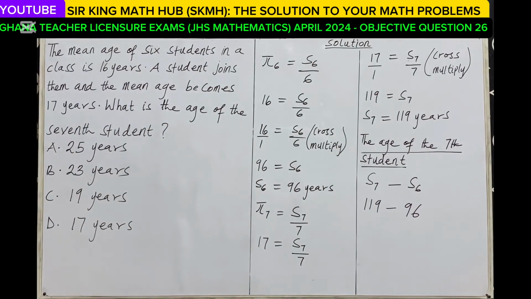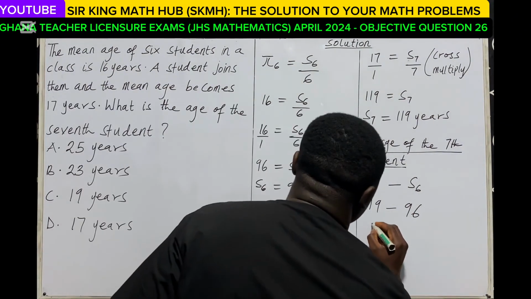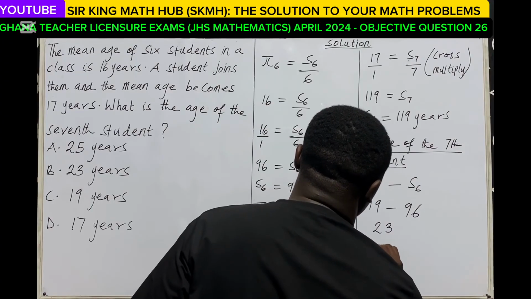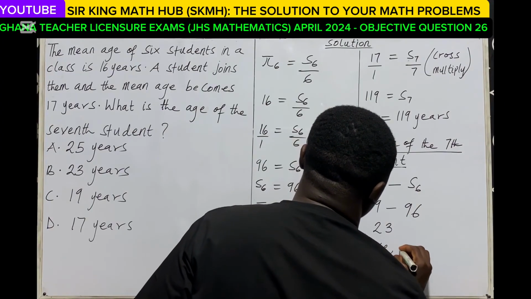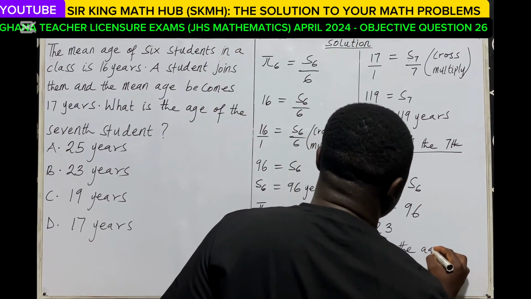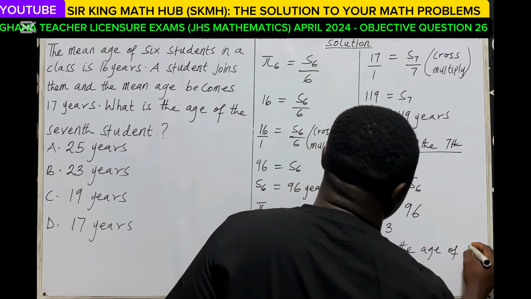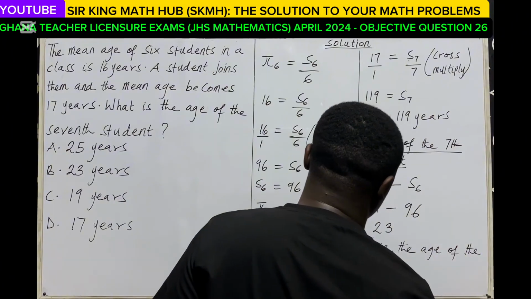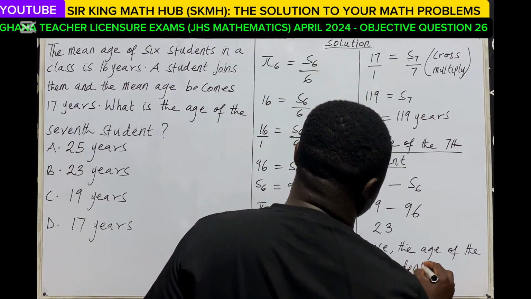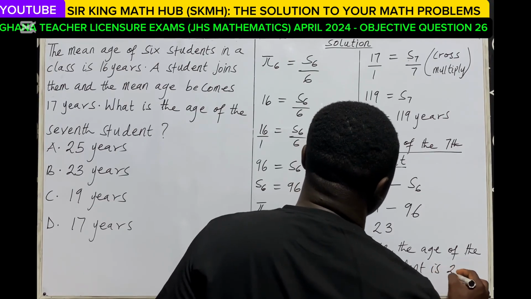So what is 119 minus 96? That is 23. So we can see that the age of the 7th person, or the 7th student, is 23.